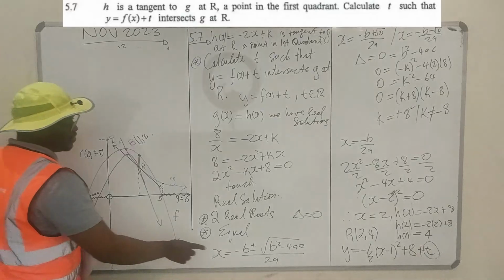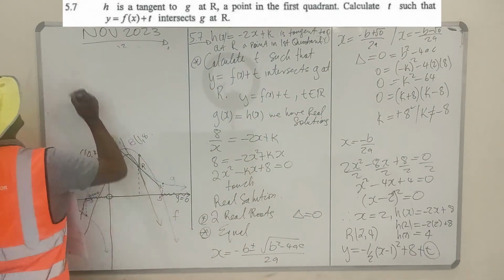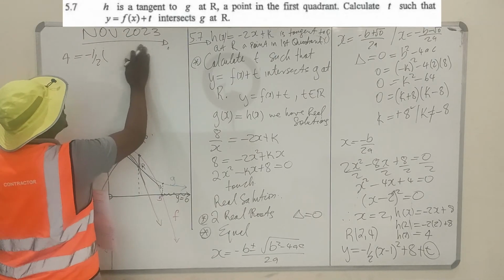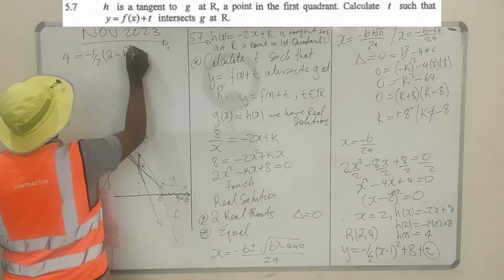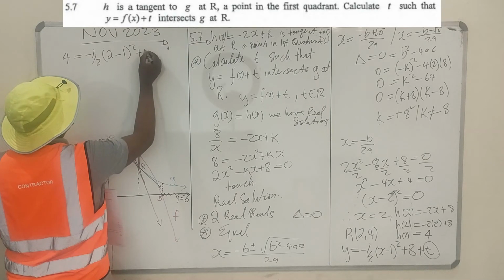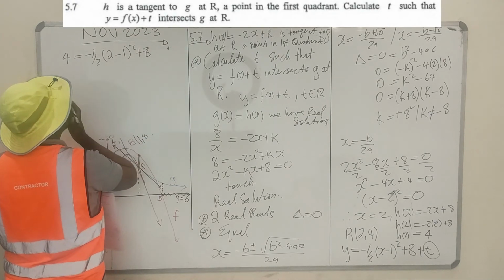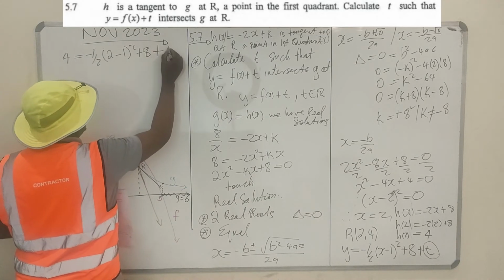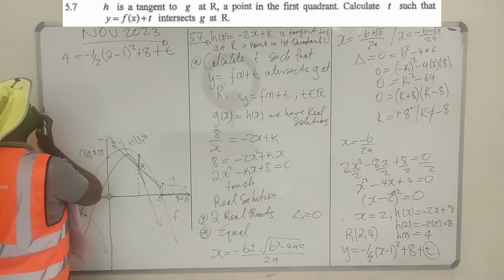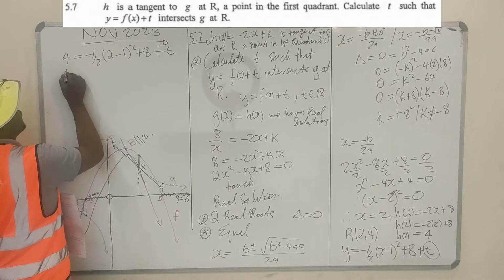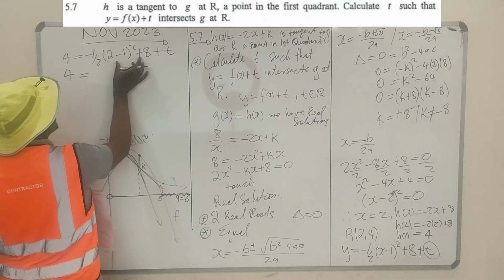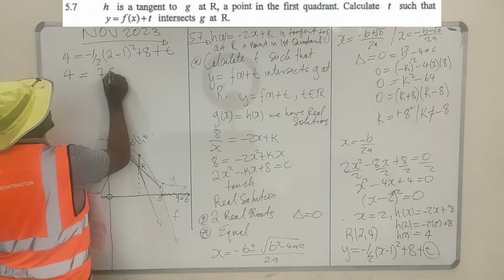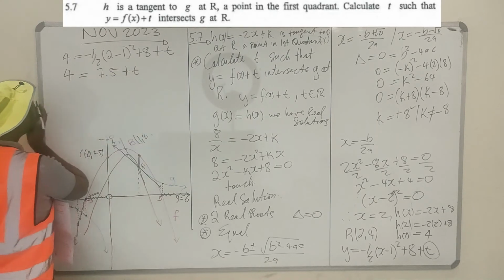So what is the y? The y is 4. So 4 is equal to minus half of x, what is the value of x? 2 minus 1 all squared plus 8, right? Plus 8 plus t. You want the value of t. So we have 4 is equal to, we did have this thing here, so it was 7.5 plus t.